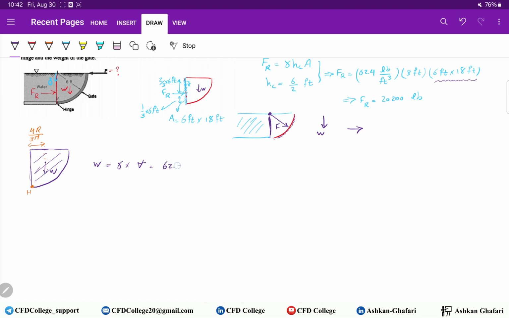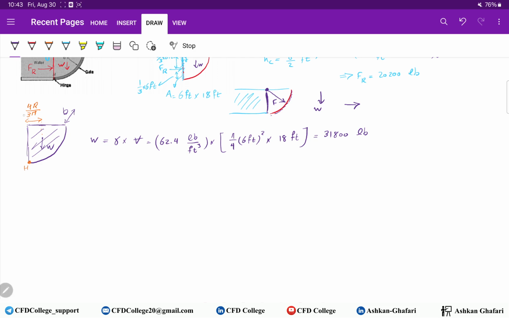So gamma is 62.4 pounds per cubic feet times the volume, which is the area of this quarter circle, multiplied by the width, for example B. Pi over 4 d square, pi over 4 radius to the power 2, times the width, 18 feet. So W equals 31,800 pounds.